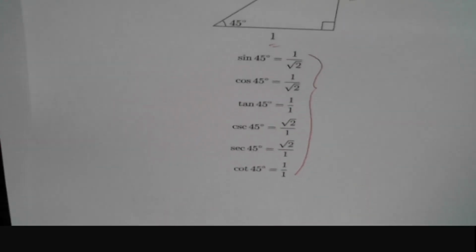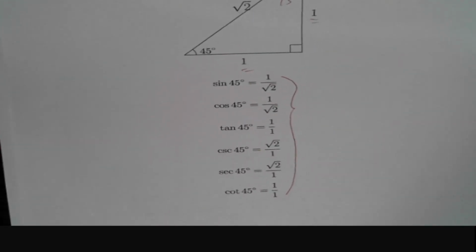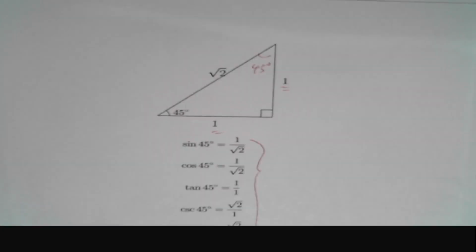But what is important is this triangle: the right angle sides are 1 to 1, and the hypotenuse is the square root of the sum of the squares of each side. So if the ratio is 1 to 1, then the hypotenuse will be root 2.